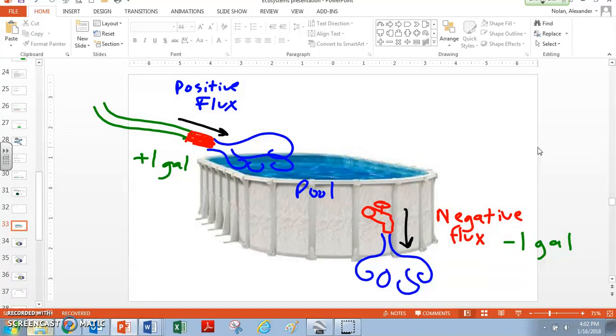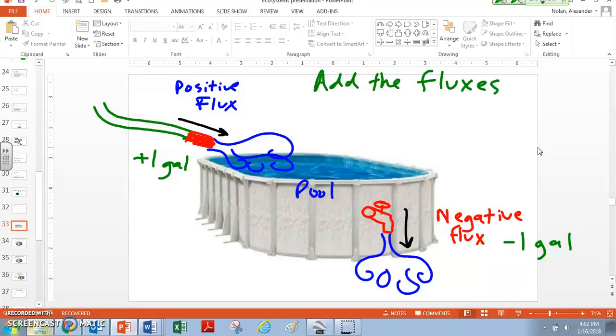Well, here's how we would start to do a little bit of the math. I'm not going to get into graphing or anything in this video, but I want to start getting into the math behind how to deal with this. If you want to figure out the change in my pool, how can I mathematically describe how this pool is behaving? If I want to show how the amount of water in the pool changes, all I have to do is add the fluxes.